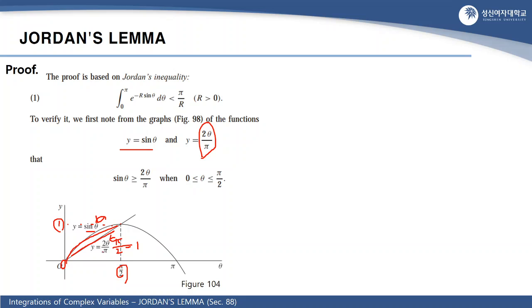And since the exponential of negative capital R sine theta is less than the exponential of negative 2 capital R times theta over pi, that means the integrals of these quantities from 0 to pi also follow the same inequality order. Now you can actually compute this latter integral.